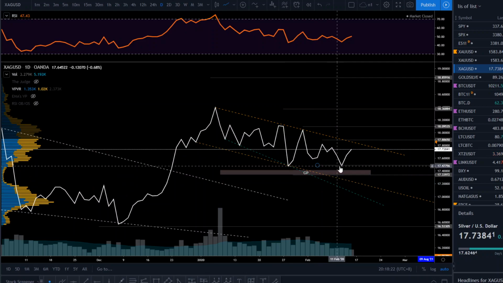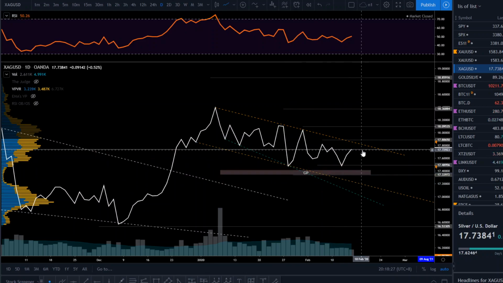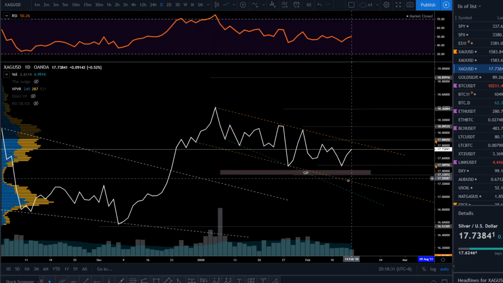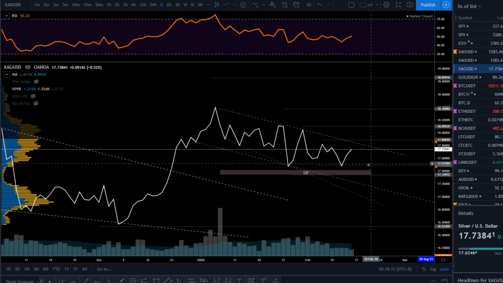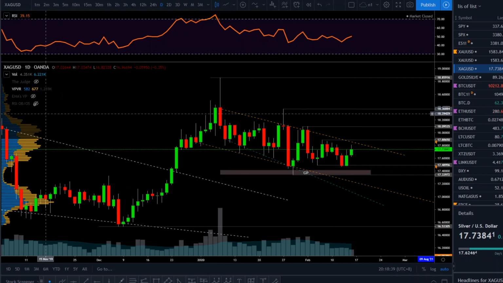But we bounce here, so we're showing more strength than weakness at the moment. We didn't even reach the golden pocket here, and we didn't reach this trend line. So maybe now bulls will have more strength to break through here, which would be really good.